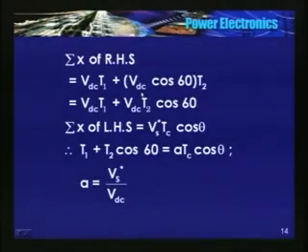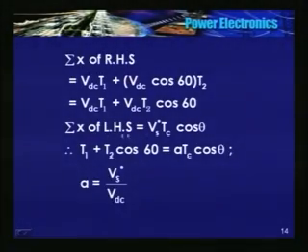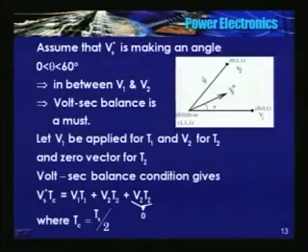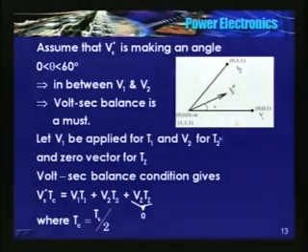The sum is the sigma x of the right hand side. What is the sigma x of the left hand side? It is Vs into Tc, and the angle is theta. So Vs into Tc into cos theta is the sigma x of the left hand side.